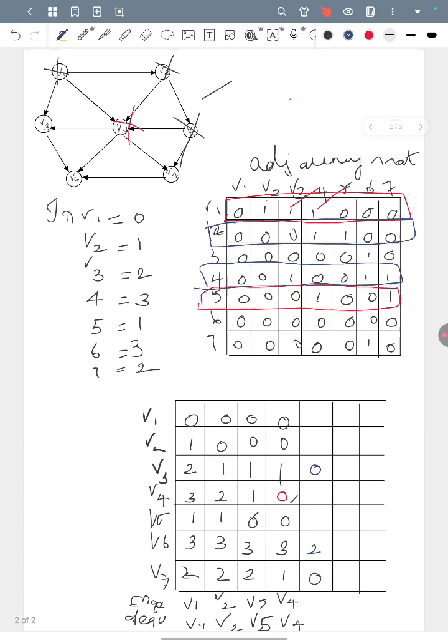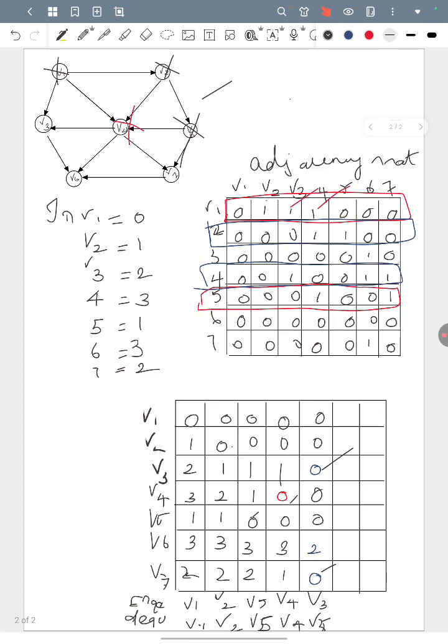Okay, remaining you can write as such. Here we can see that V3 has 0 and V7 has 0. First we can take V3 and NQ and DQ V3.